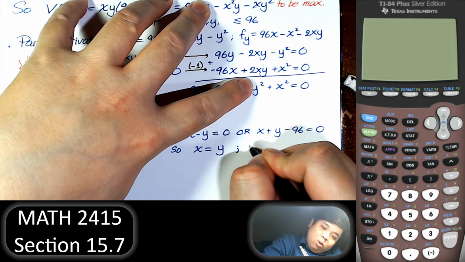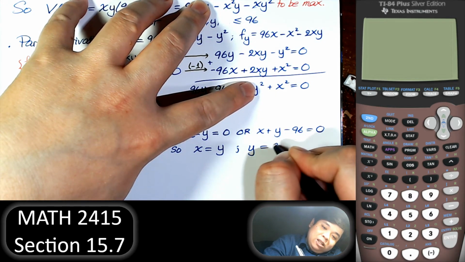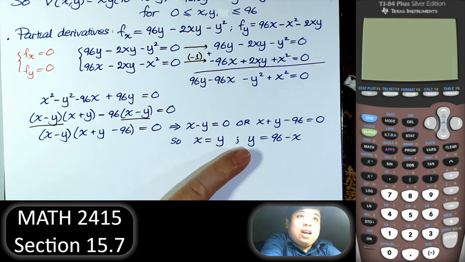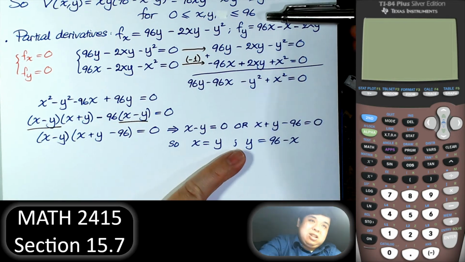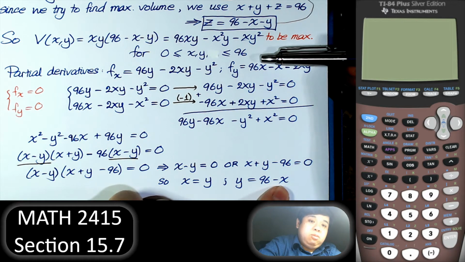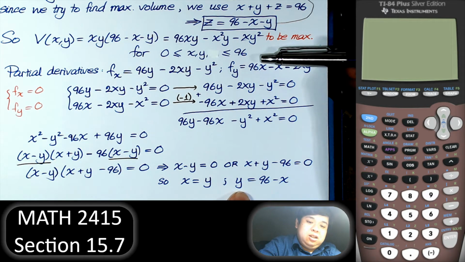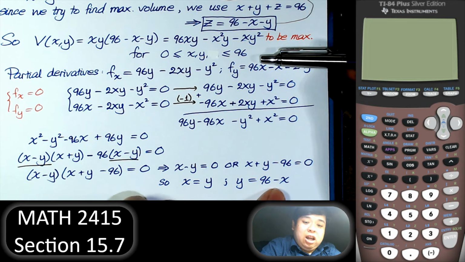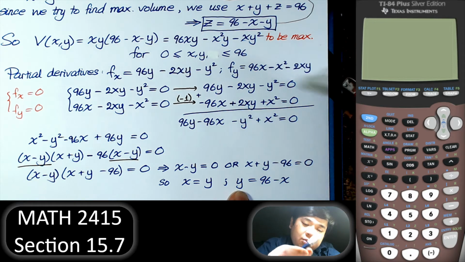Say y is equal to 96 minus x, and this only works if x is 0 or y is equal to 0. Because x and y are between 0 and 96, you put in 0, you have 96; you put 96, you have 0, which is good. If you put anything else like 1, I guess that's still fine.